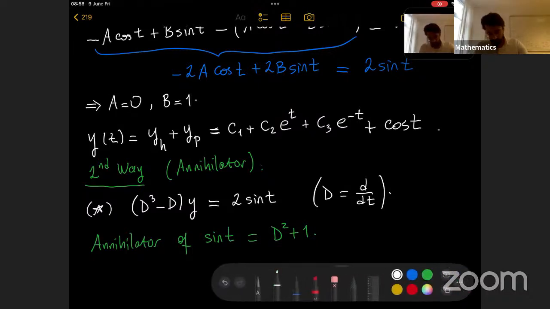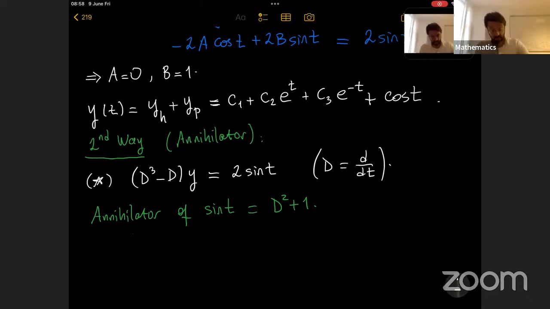So what you do is you apply this to the left-hand side and right-hand side of star. So it becomes the following. We get a homogeneous equation, D squared plus 1 times D cubed minus D of y is equal to 0.